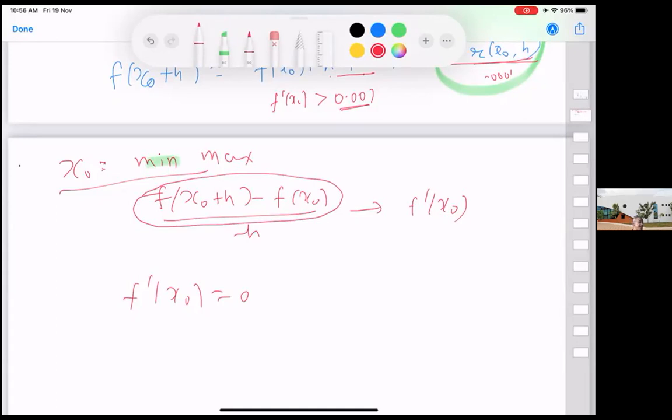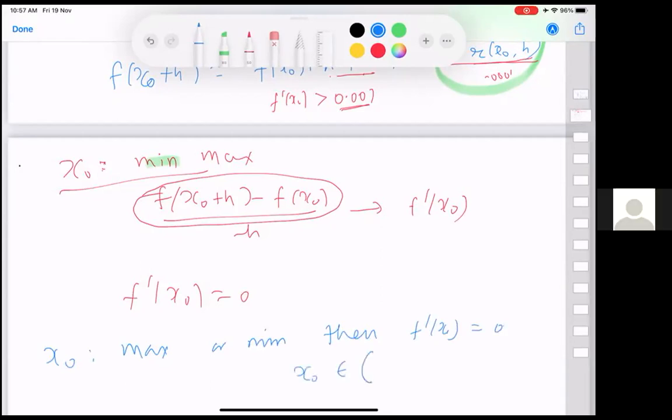This part we had done earlier, that if at x0 the function either attains the maximum or minimum, and remember, this is only if x0 belongs to the open interval AB.